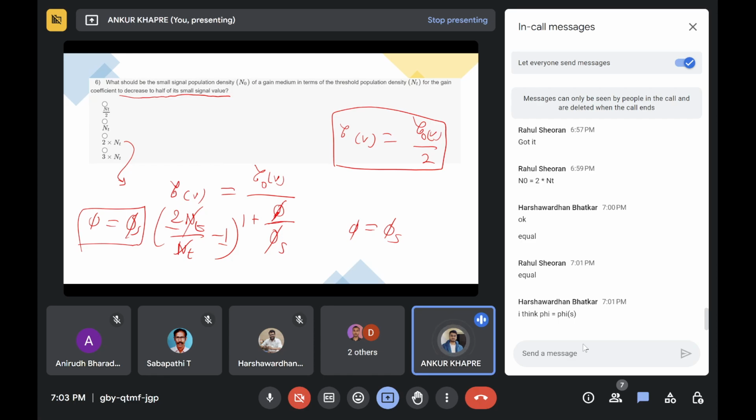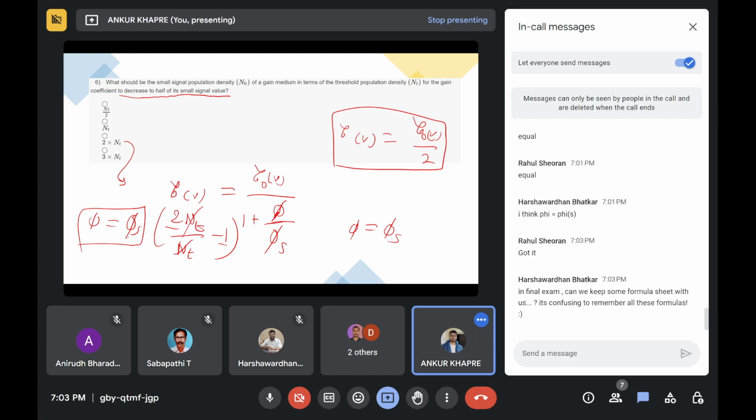So that's why this condition is given in the gain coefficient. Then you have to convert it into the photon flux density. If you just practice this, you will get to know.